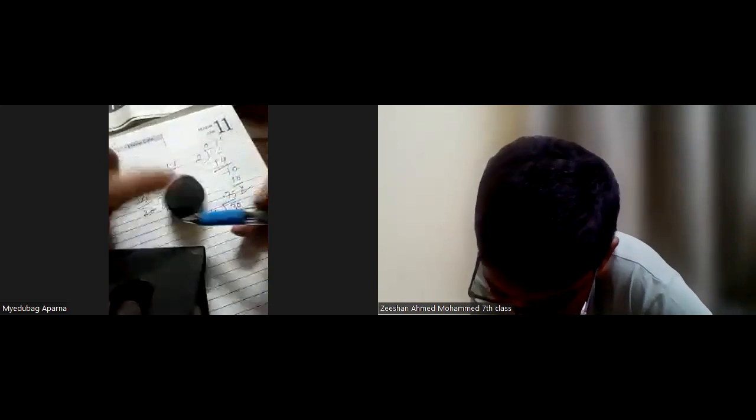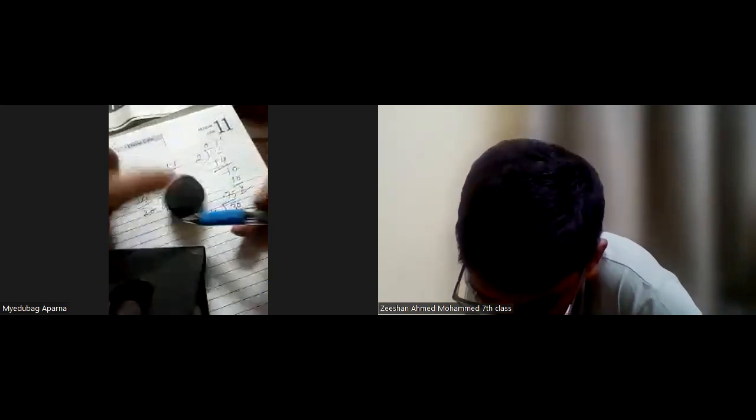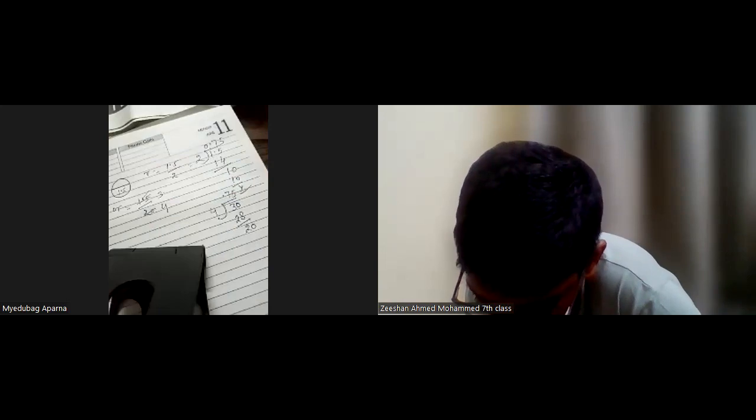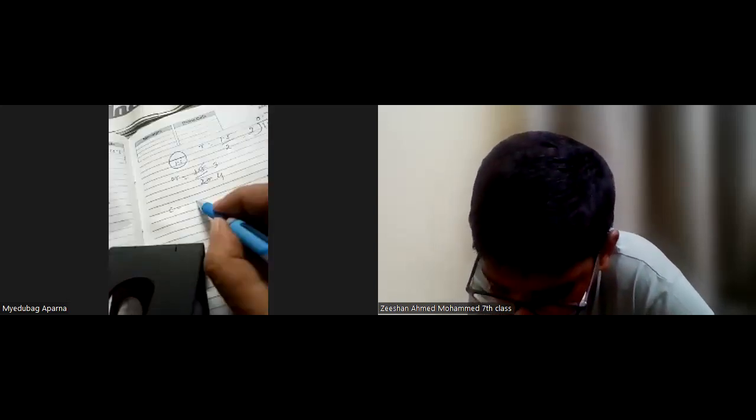Around that means what do you have to find? Length means circumference. Circumference, very good. Circumference you can find. What is the formula of the circumference? Circumference is 2 pi r.